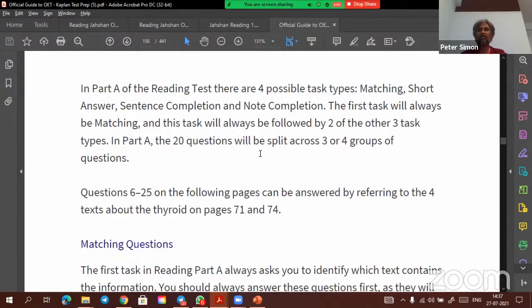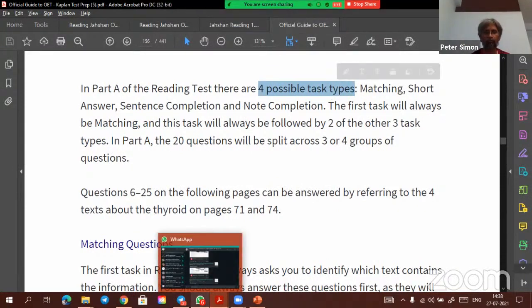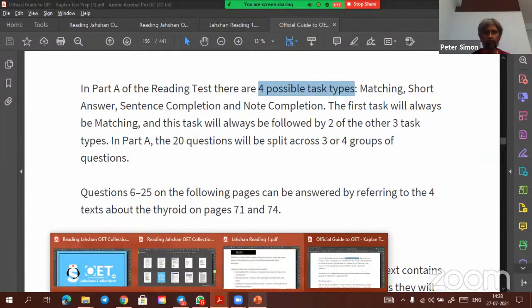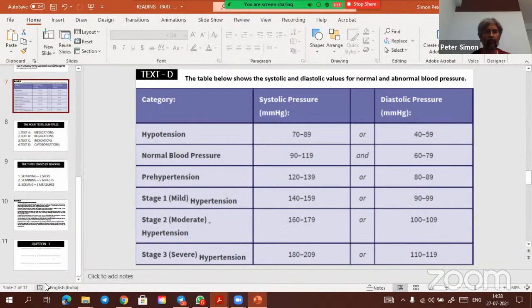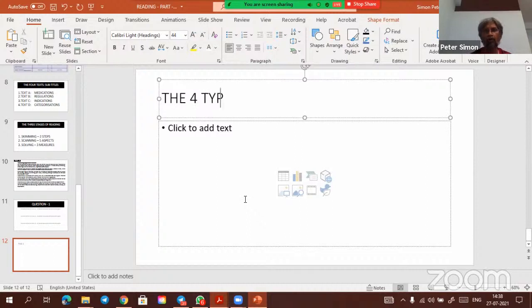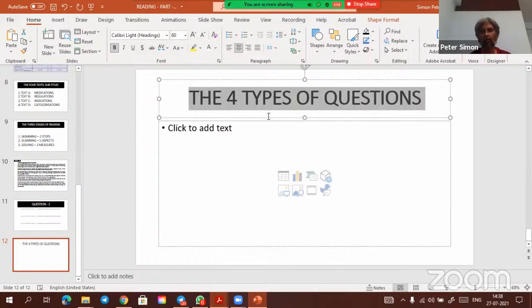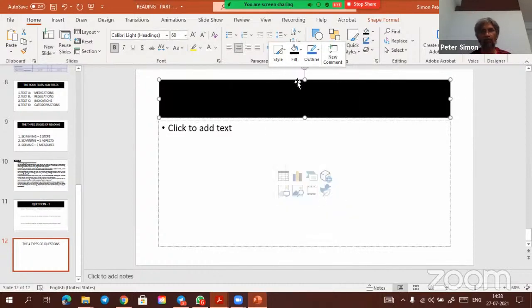There are four types of questions. What are the different types of questions you will get in part A?